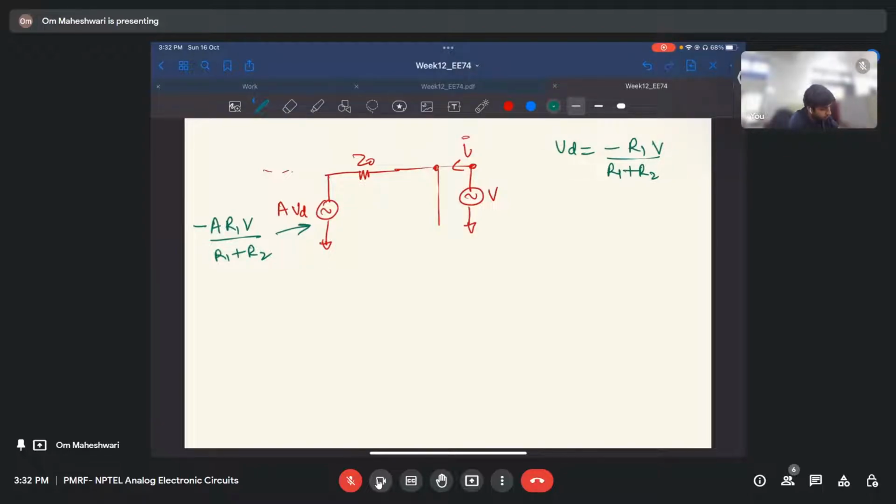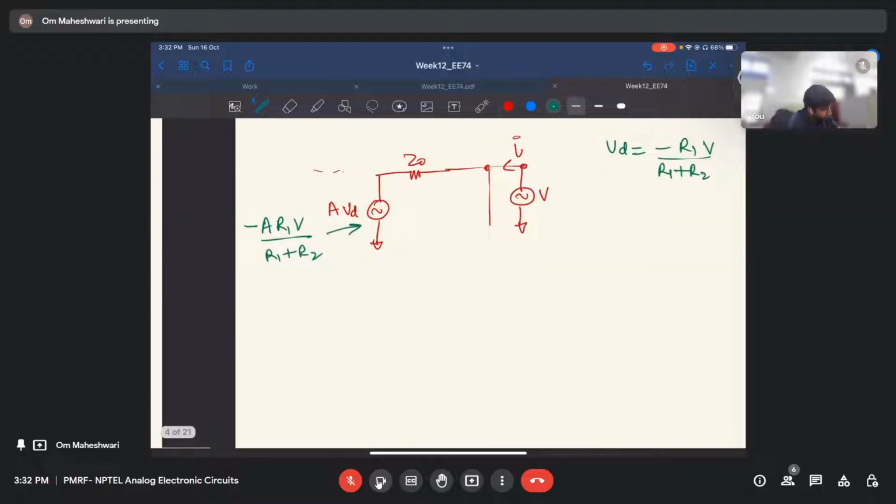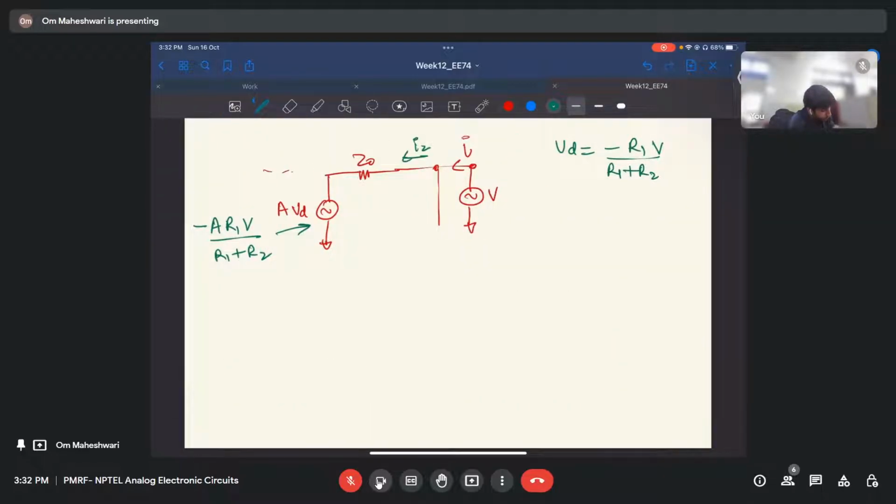Then the current through Z naught, that was I2, right? I2 is V minus AVD by Z naught.